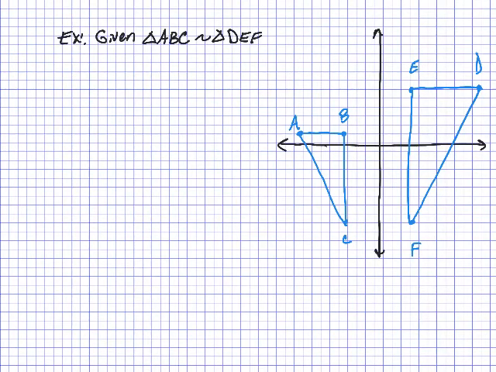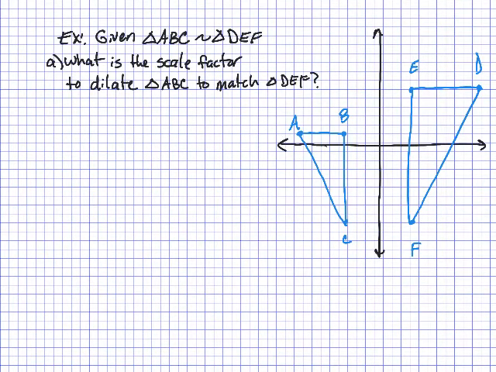So now we have an example where we can use coordinates. The first thing I want to do here, you're given the two triangles and they're similar. The first question, what is the scale factor to dilate triangle ABC to match triangle DEF? Well, again, this is the end, this is the beginning, so it's always end over beginning.